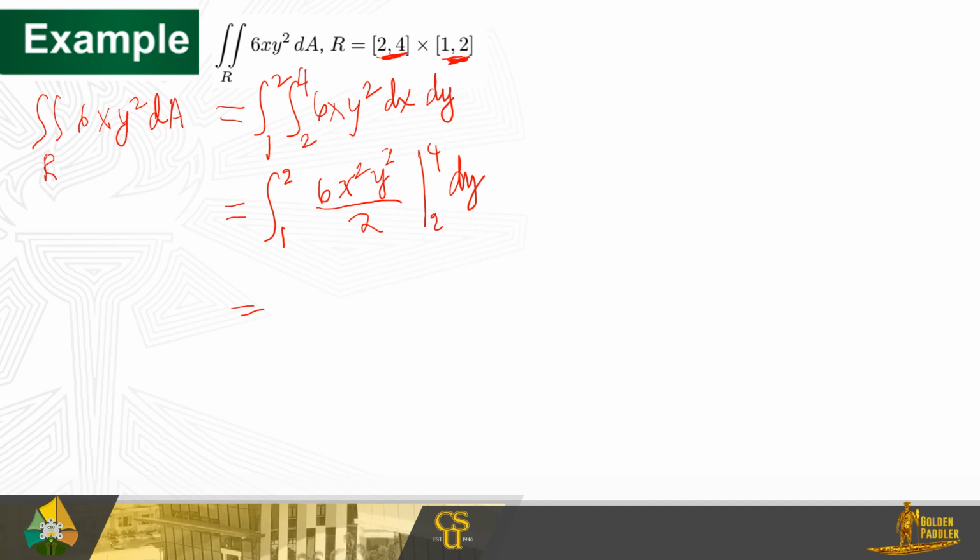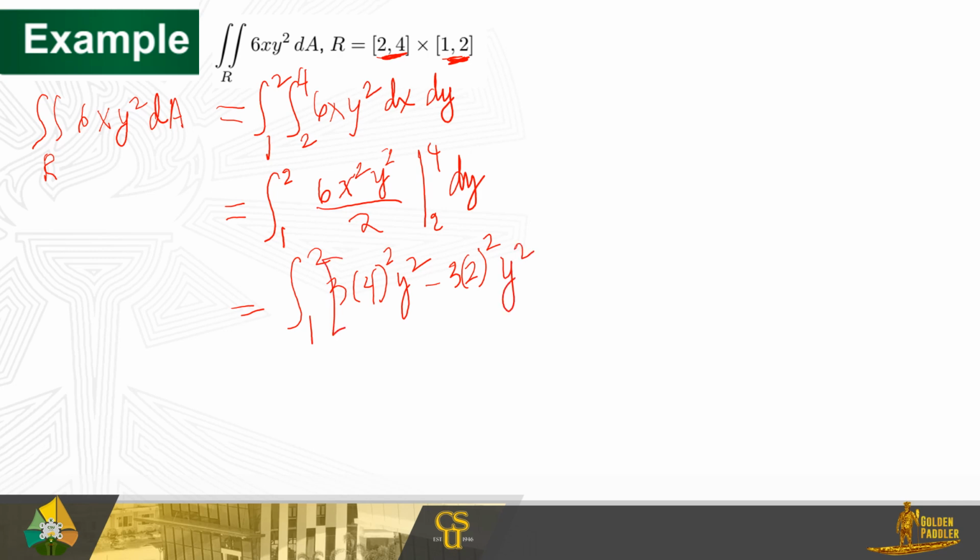So we have the integral from 1 to 2 of 3, then we substitute the 4 and the 2 into this x squared. So we have 4 squared times y squared minus 3 times 2 squared times y squared.